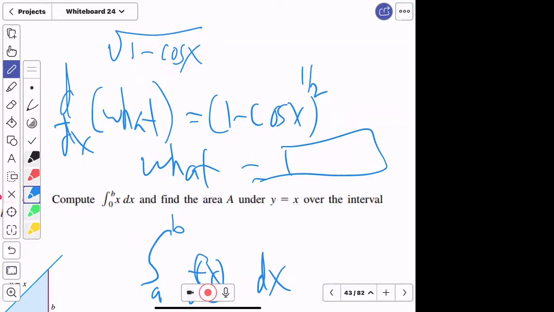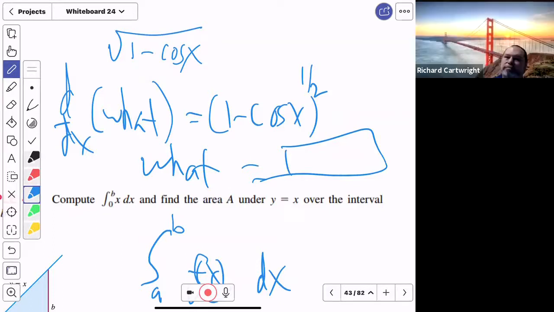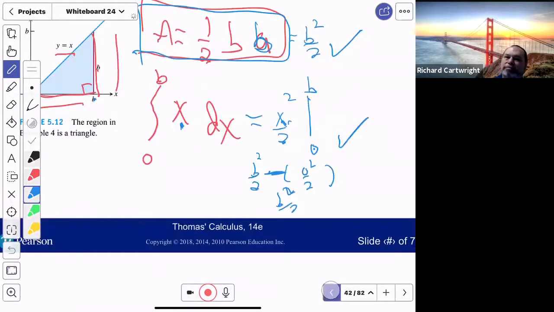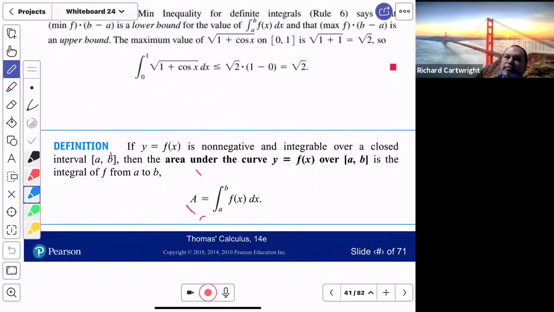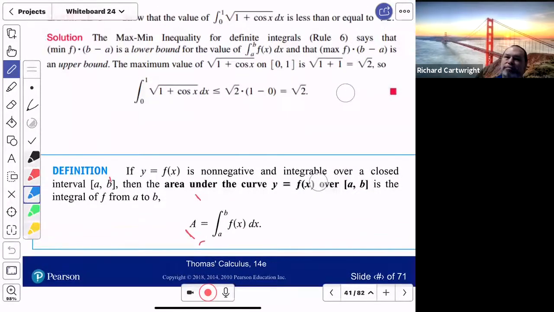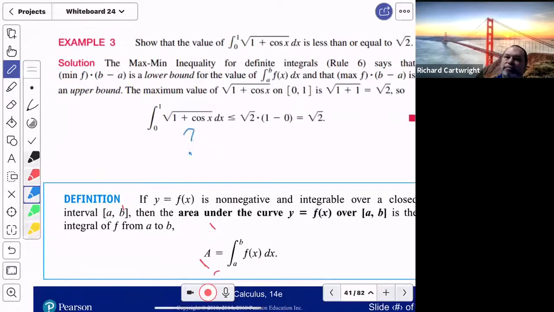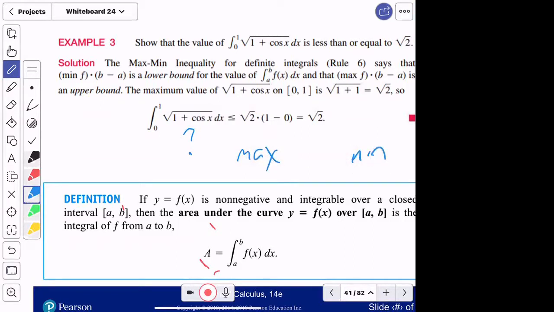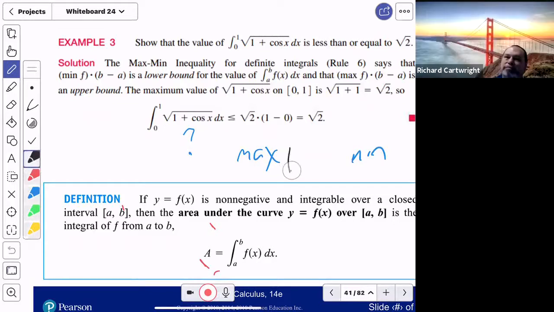Oh, okay. So we didn't need to find it for the last one? No, I didn't. The whole point for that problem, Claudia, was the fact that maybe we won't be able to figure out what it is. That I don't know the antiderivative. So what I do is I just figured out what the maximum could be, and then I figured out what the minimum was, remember? So I know that the real answer is between these two.